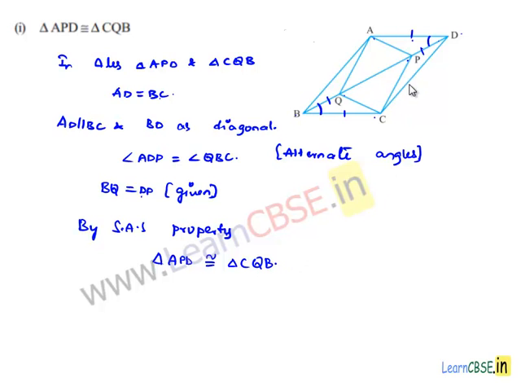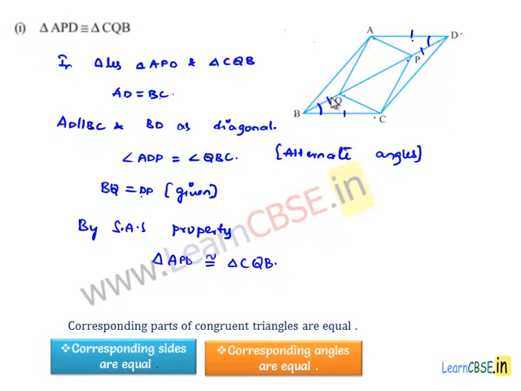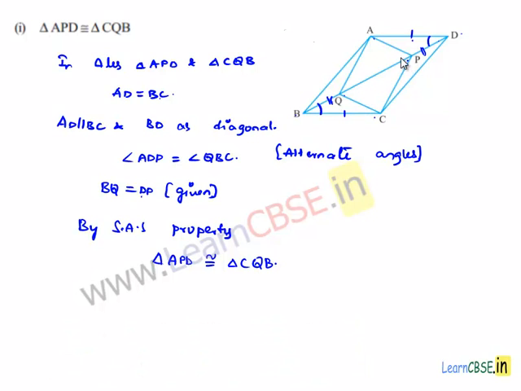We know that when two triangles are congruent, then the corresponding sides and corresponding angles can be equated. So here the corresponding sides AP can be equated to QC. This is what our second subpart of proof required.